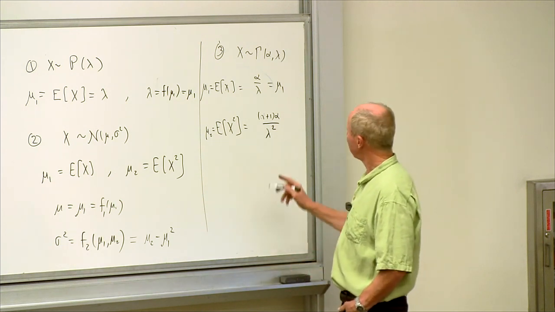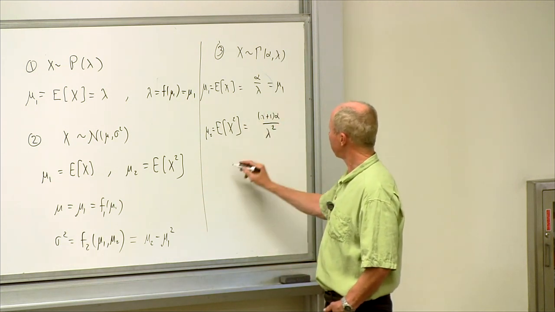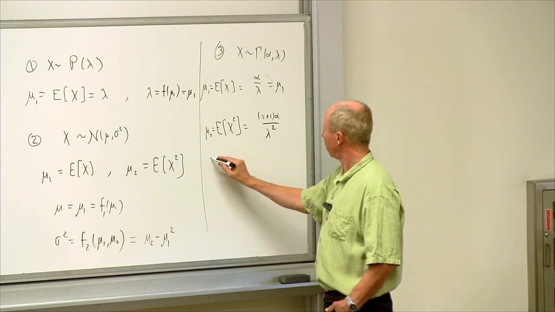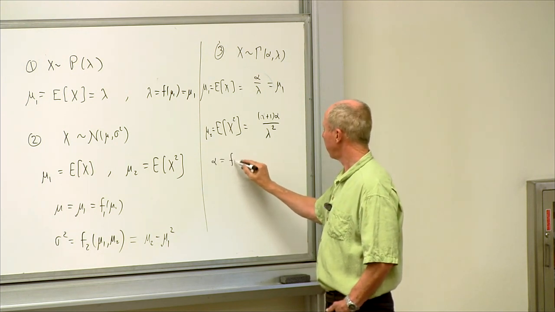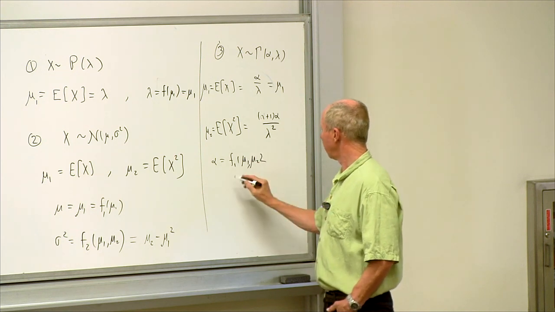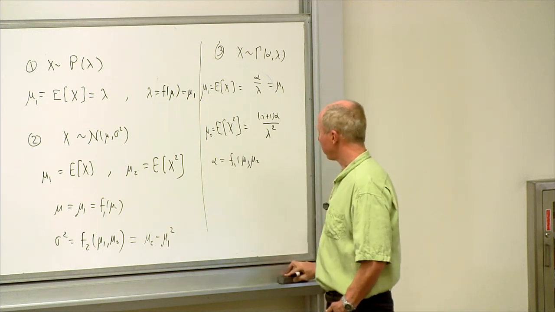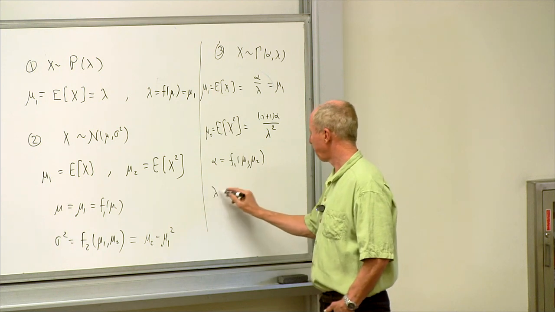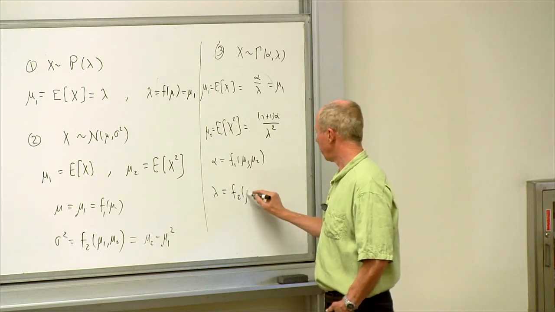Okay, and so how can we express, we want to express alpha as a function f1 of mu1 and mu2. And we want to express lambda as a different function of mu1 and mu2.